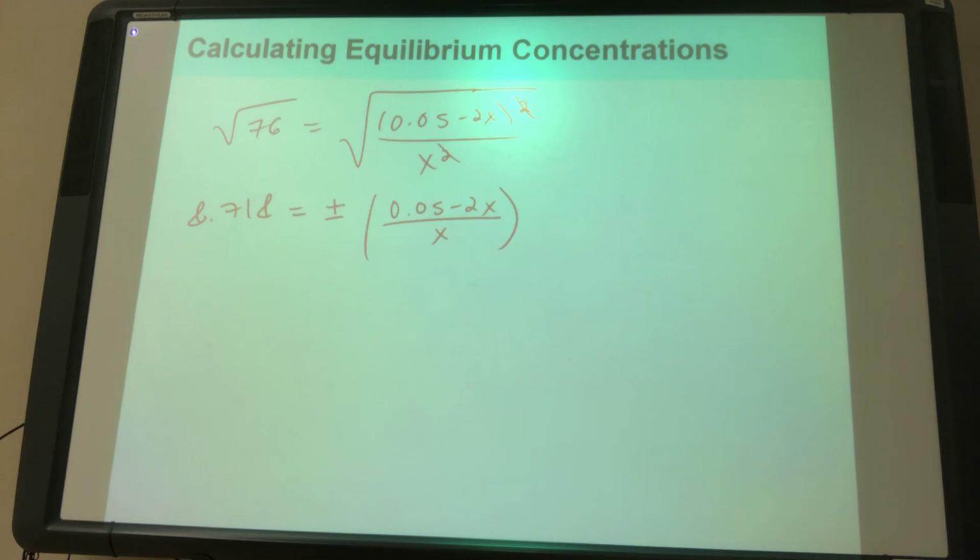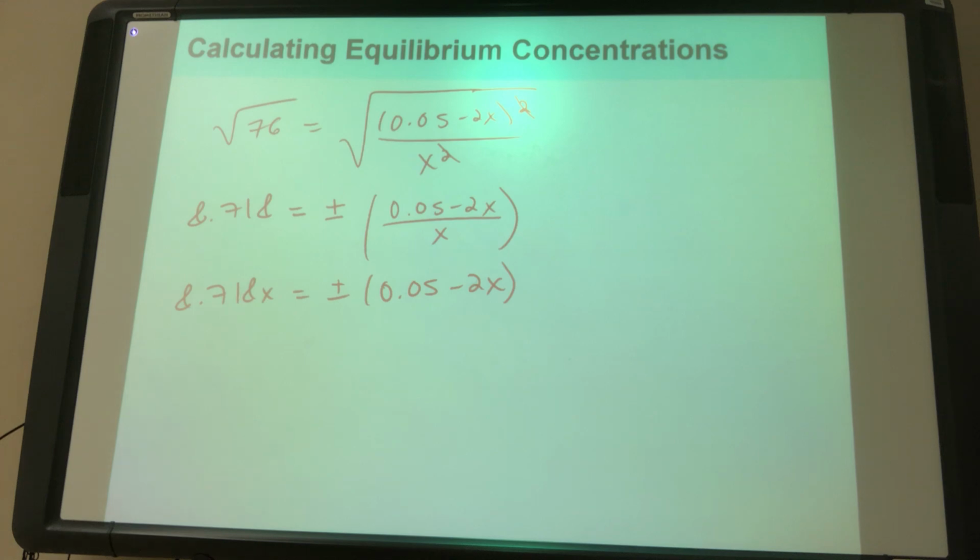All right. So now we can actually separate this out, and we can deal with the positive and negative in a second. Let's move over my x. So let's make it 8.718x is equal to plus or minus this guy. As long as we distribute it to 1x, we'll be fine.